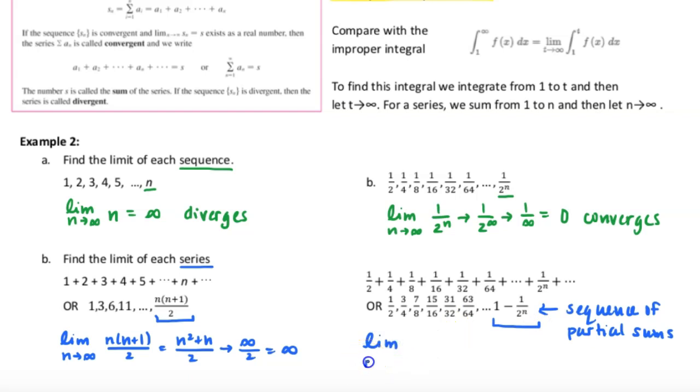The limit as n approaches infinity of 1 minus 1 over 2 to the power of n is going to approach what happens when I plug in infinity. That's going to be 1 minus 1 over, and this denominator is going to go to infinity. I know when my denominator gets infinitely larger, this term is just going to go to 0. And so my limit is going to be equal to 1. And so this converges.